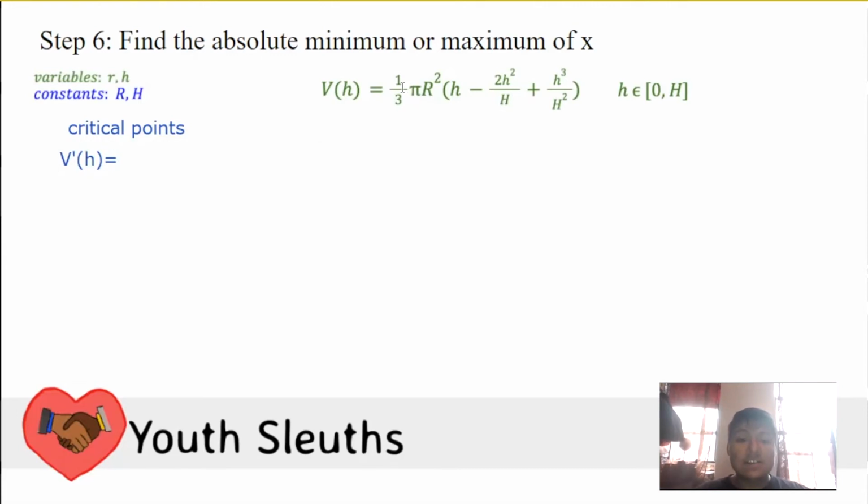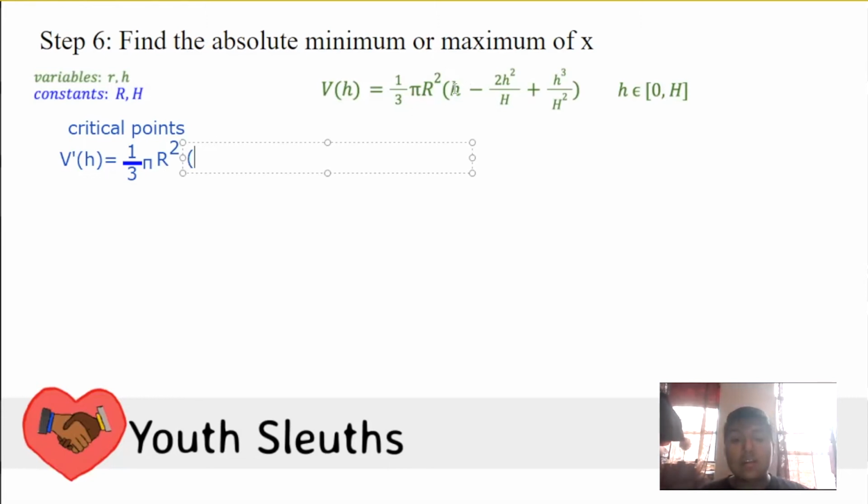So if we notice here, 1/3 pi times big R squared, those are all constants. So when we're deriving, we could simply keep them at front and temporarily ignore them. So now we can begin deriving inside the parentheses.